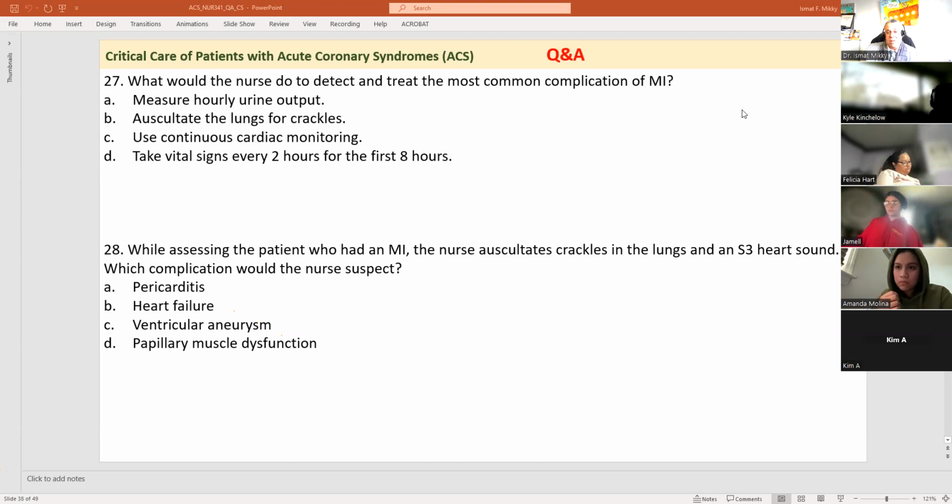And we know the right-sided heart failure manifestations contribute to respiratory problems, like coughing, and so forth. I'm sorry, right heart failure has to do with edema, right? Lower extremity edema, hepatomegaly, and other things. Okay, number 29.